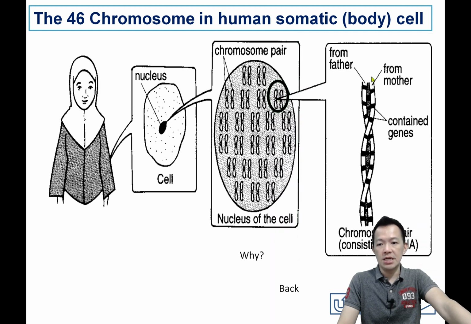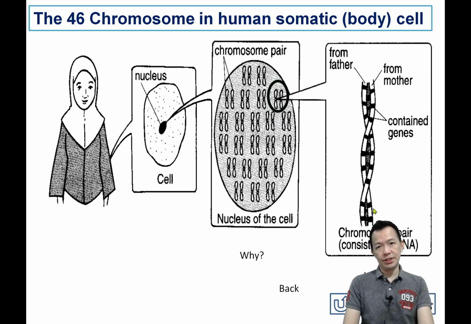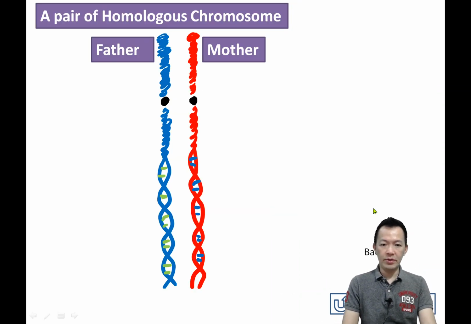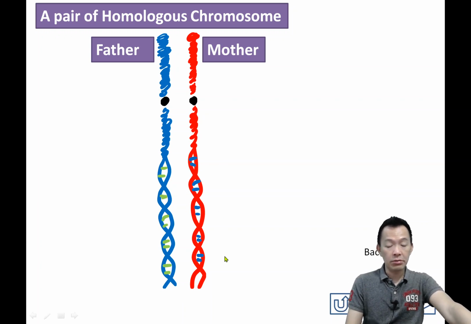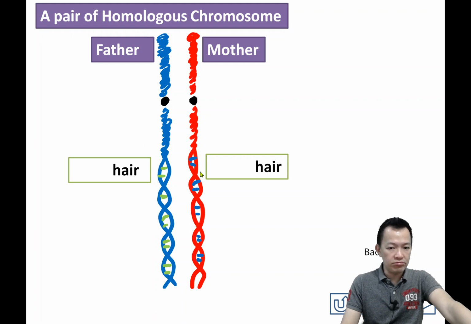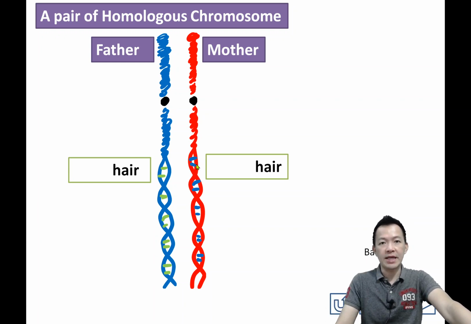One chromosome is from father, another from mother, and the genes in the chromosomes also exist in pairs. Look at the diagram. This is a pair of homologous chromosomes, and the chromosome contains DNA, and the DNA holds the genes. They are the same type of gene. When we talk about genes in pairs, they are the same type of gene. They control the same characteristic.